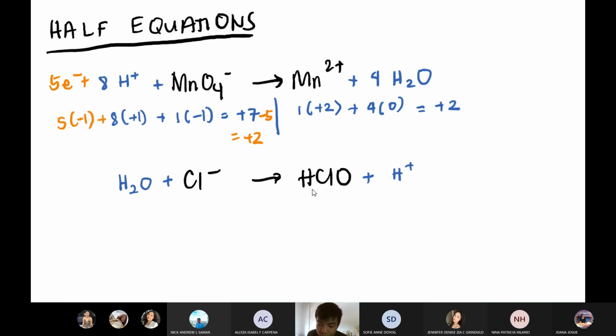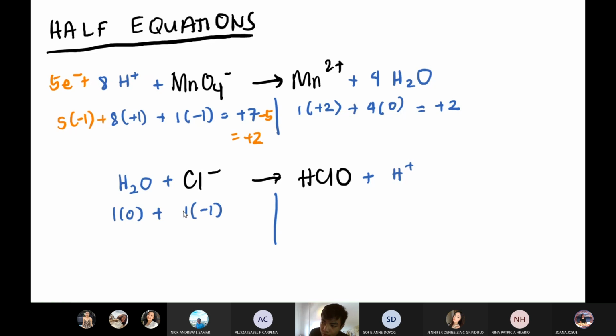Now, what's next? Pag balance na yung atoms mo, balance na yung Cl, balance na yung oxygen, balance na yung H, dalawa, 1 plus 1, 2. Okay, so good. Ano susunod? Charges. So let's get the charges of the both sides. This is 1 times 0, 1 times 0, 1 times negative 1, 1 times negative 1. So ano to?